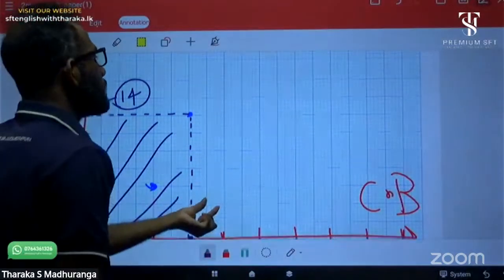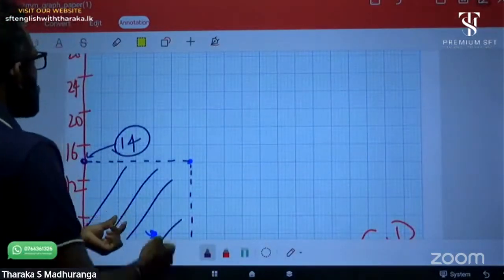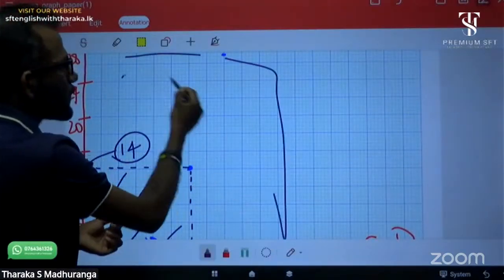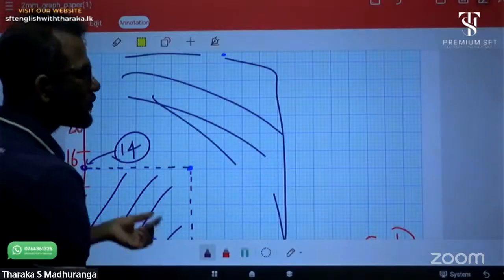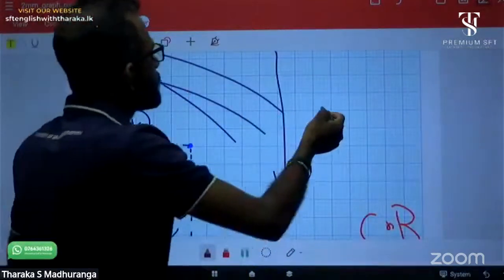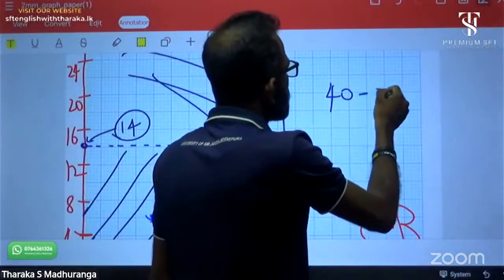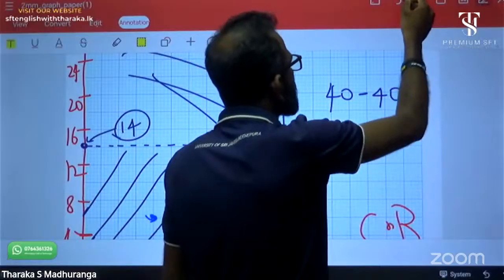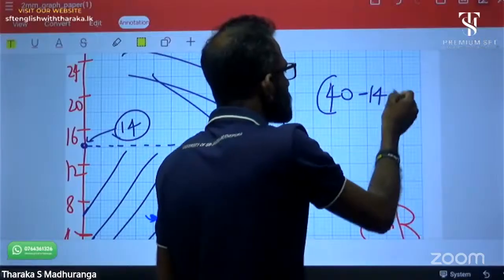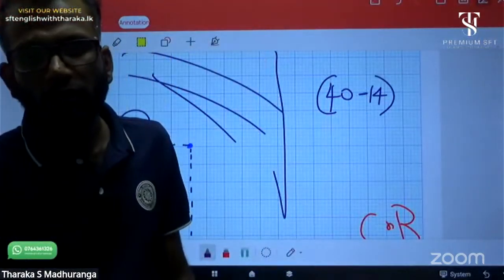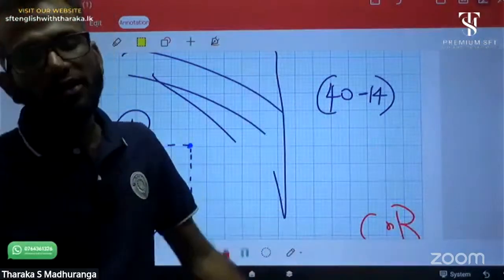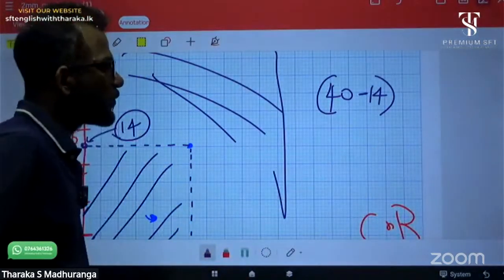But I want the percentage of more than 100.5. This range is out of range, this is more than 100.5. Then you can say 40 minus 14, which is more than 100.5.